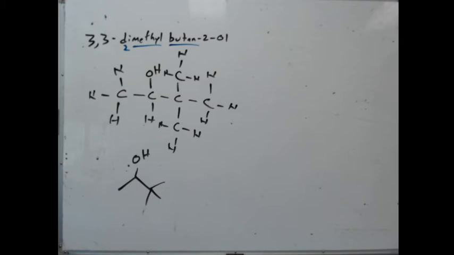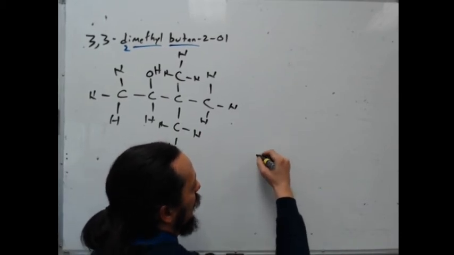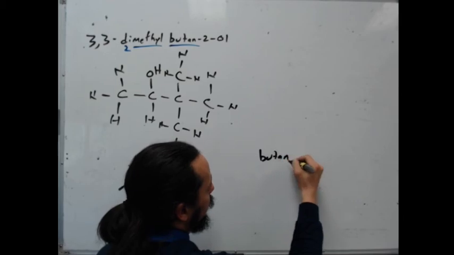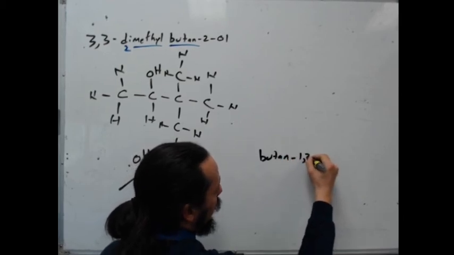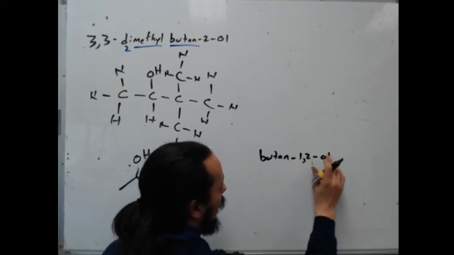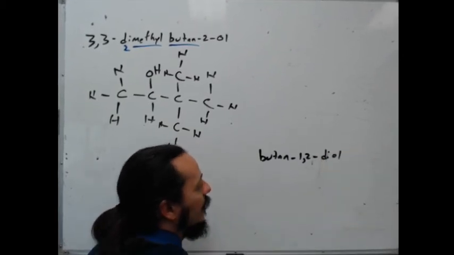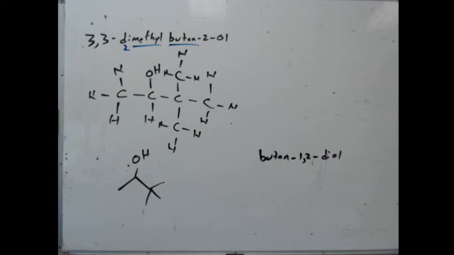So to be clear, you're trying to make a new compound. Yeah, you're trying to make a new compound. So let's make a new compound. Let's say we wanted 2 alcohol groups. Butene 1,2 diol.